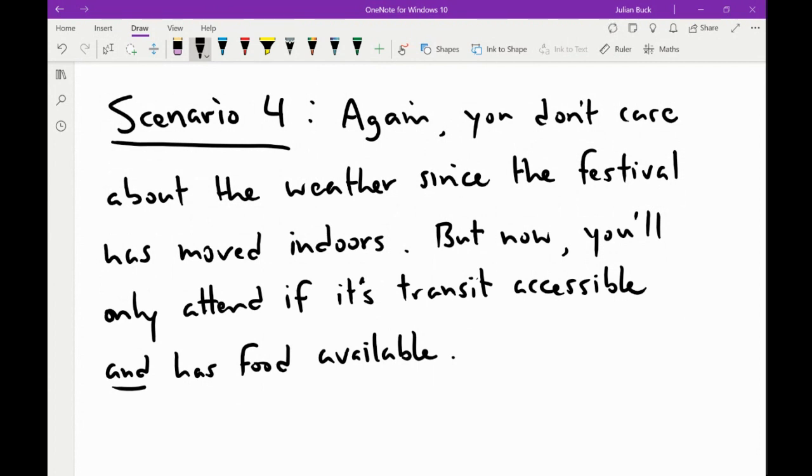So you've got a slightly more restrictive setting here than scenario 3.